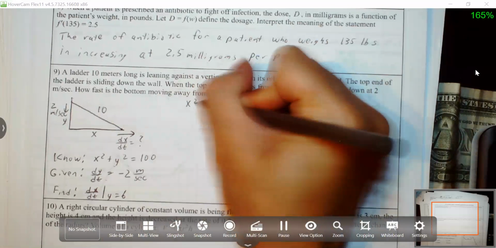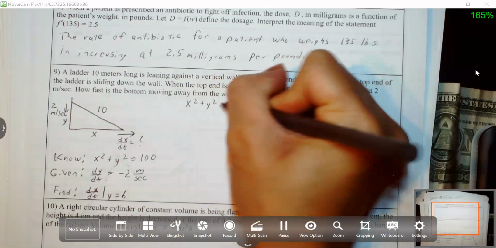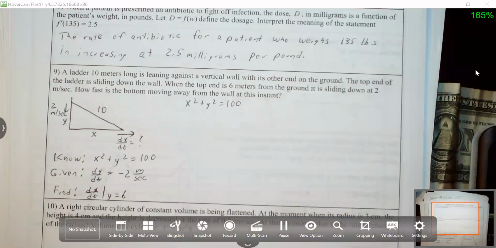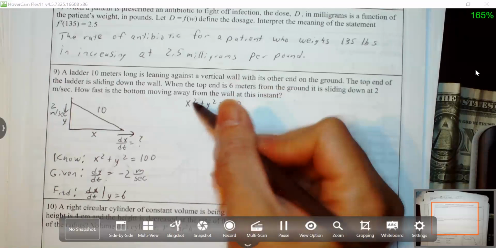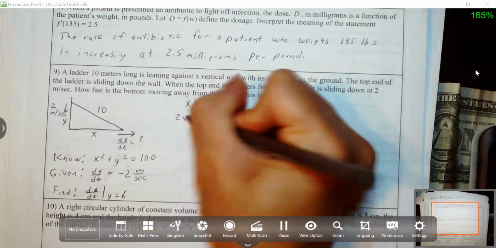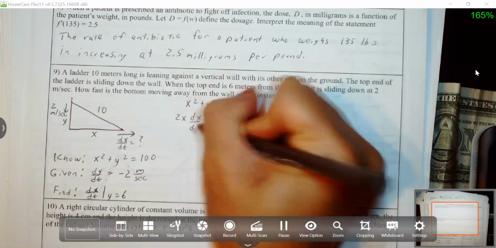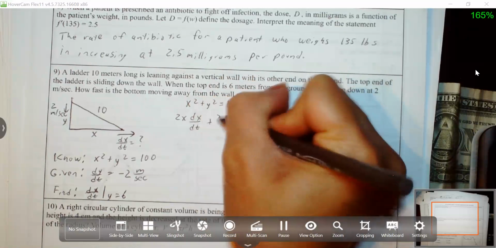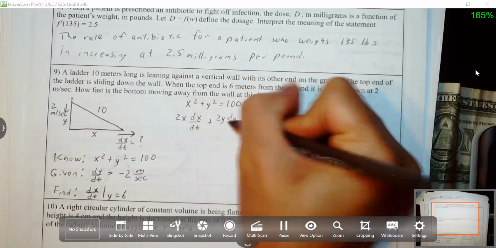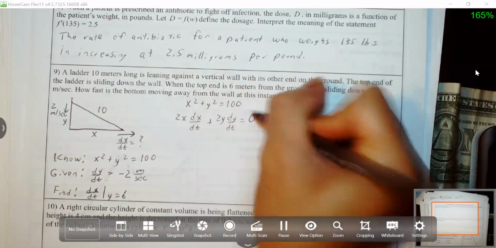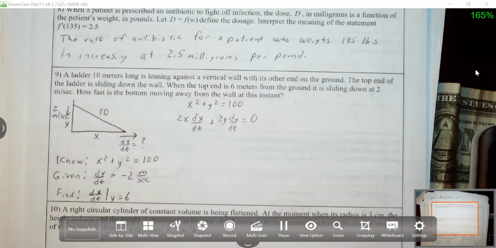Okay, so we are going to start with our formula here. x squared plus y squared is equal to 100. We are going to do implicit differentiation, and we're going to differentiate in terms of t. So this is 2x dx/dt plus 2y dy/dt is equal to 0. So we did implicit differentiation there.